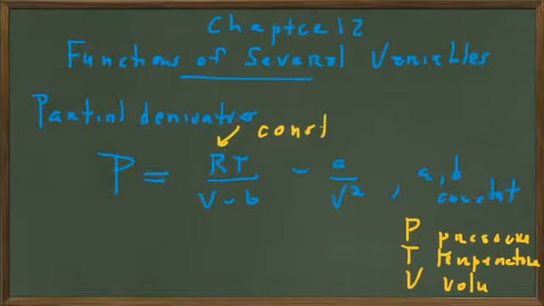And so first we're going to take the partial derivative of p with respect to t. Take a partial derivative with respect to one of two or more variables occurring. We want to note that everything that is not that variable is considered to be a constant.